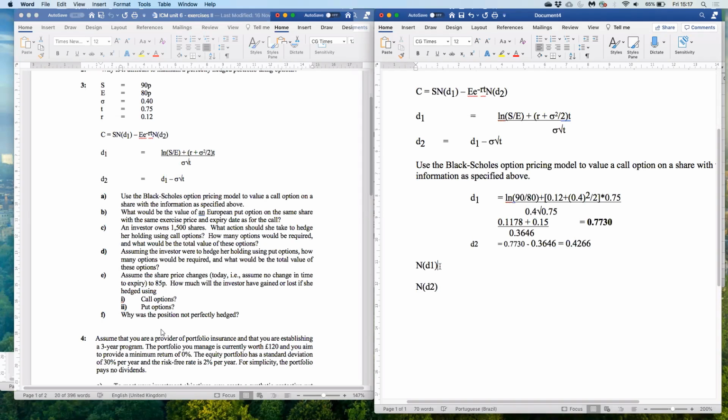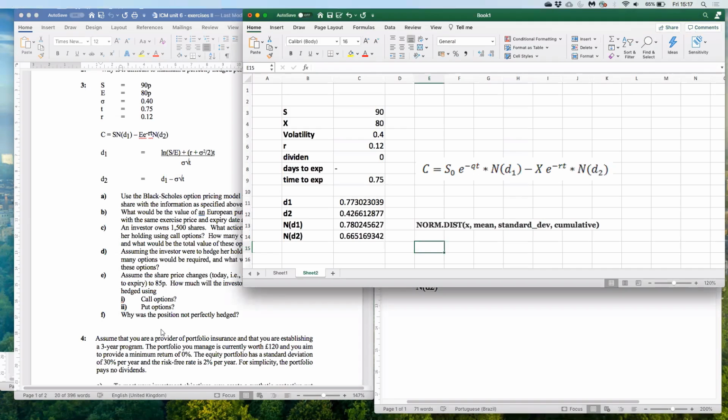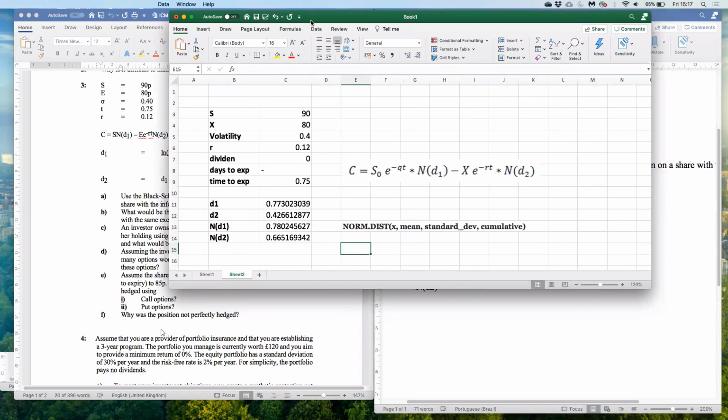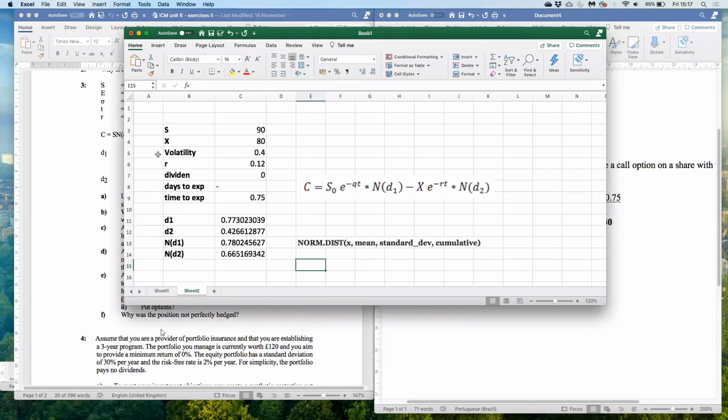It is the normal distribution of the value of D1. So we can use a calculator or Excel files to calculate this. I'll show you the Excel file.